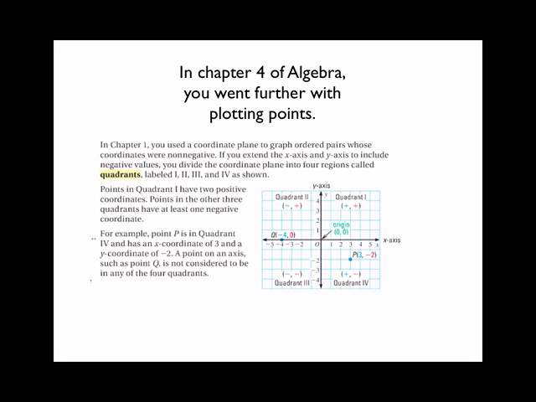Points in quadrant 1 have 2 positive coordinates. Points in the other 3 quadrants have at least 1 negative coordinate. For example, point P is in quadrant 4. It has an x-coordinate of 3 and a y-coordinate of -2. A point on an axis, such as point Q, is not considered to be in any of the 4 quadrants. It would just be on one of the axes.